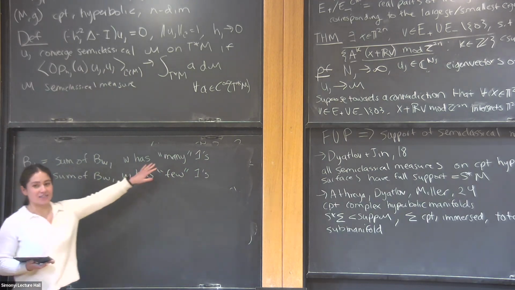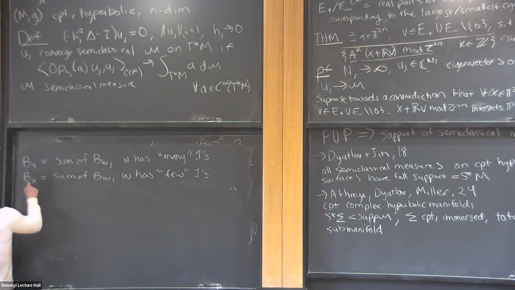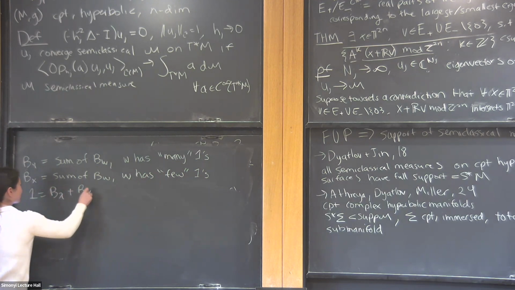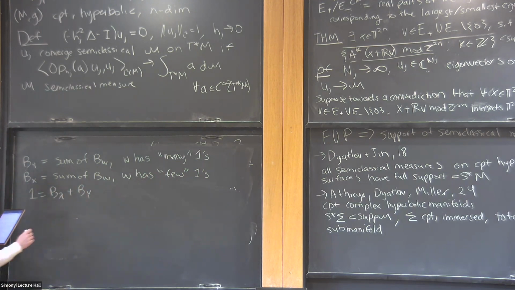Here, the complement of many is few, which gives us the fact that we have another microlocal partition of unity.